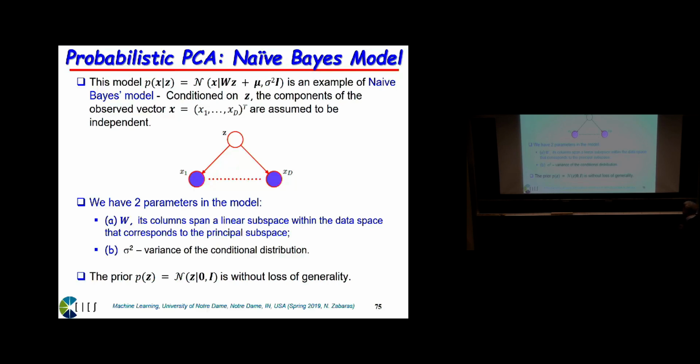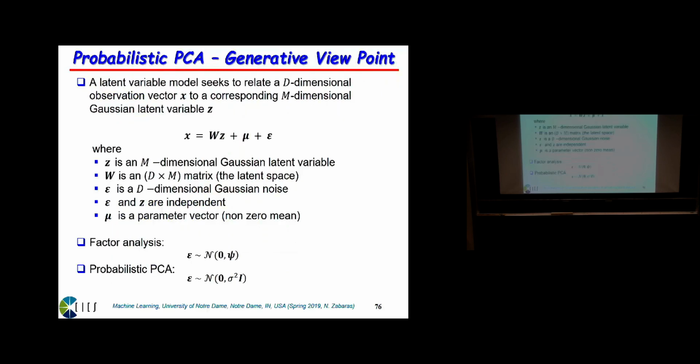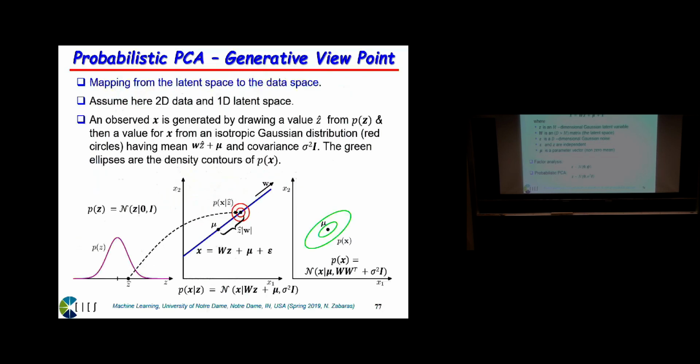That's why we call it naive. So given Z, these X's are independent. We can write this model, if we remove the Gaussians, as X equals WZ plus mu plus some Gaussian noise that looks like this, or as I mentioned, you can take any general diagonal matrix and you get factor analysis. So I'm going to use this equation explicitly like that as well.